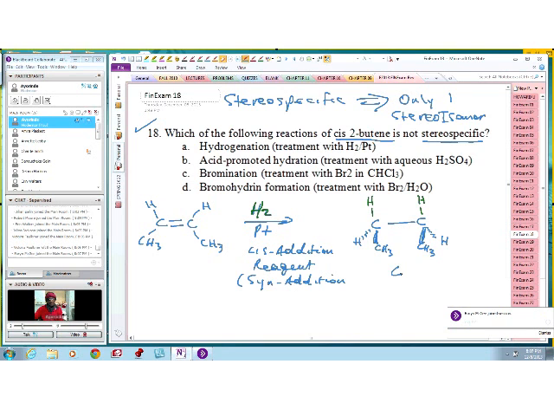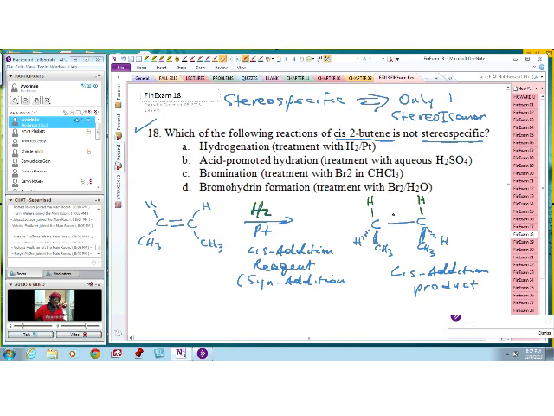So therefore, we say this is a cis addition product. And as such, this will be called a stereospecific reaction because we are only forming a particular stereoisomer.